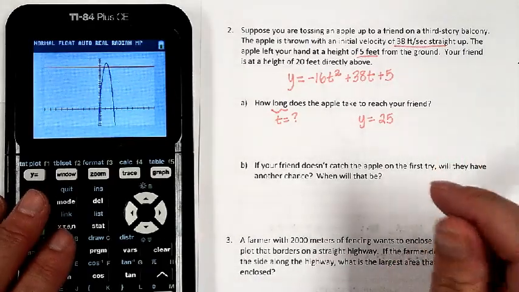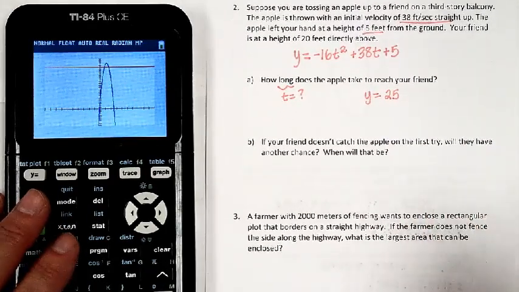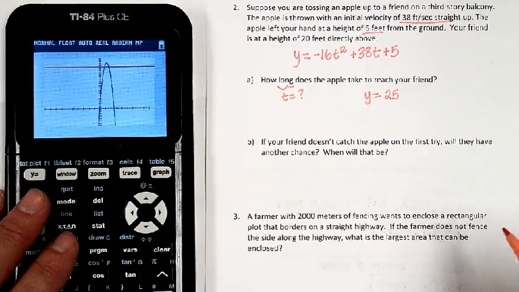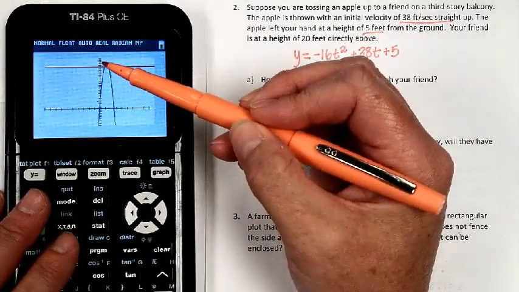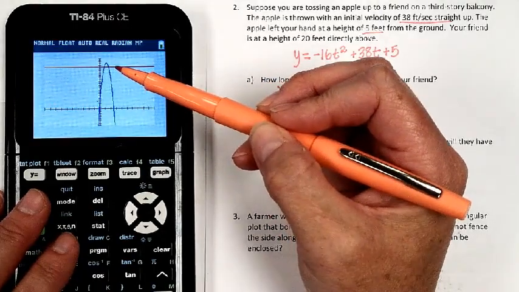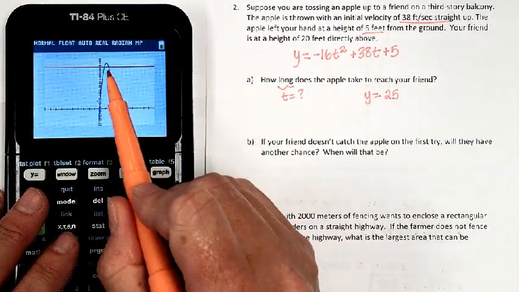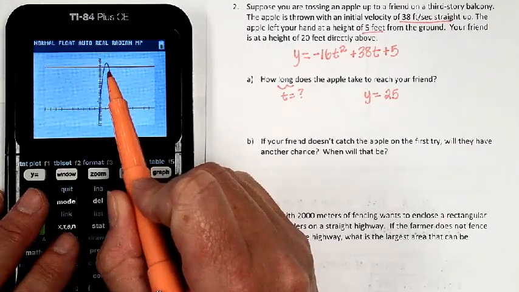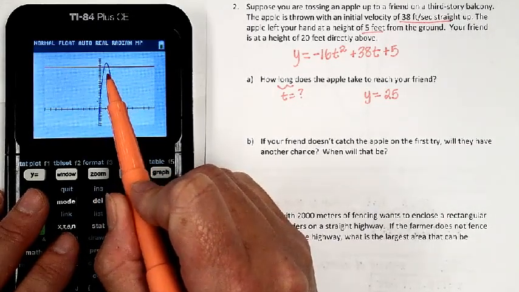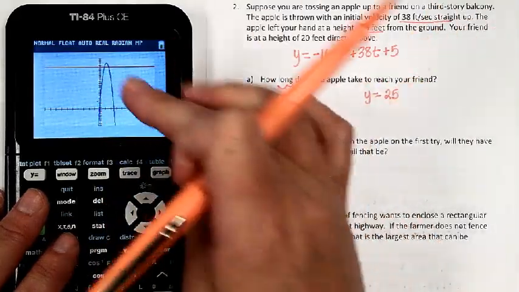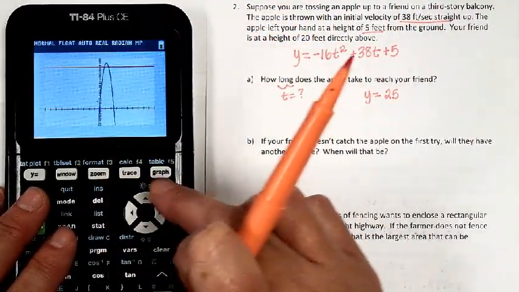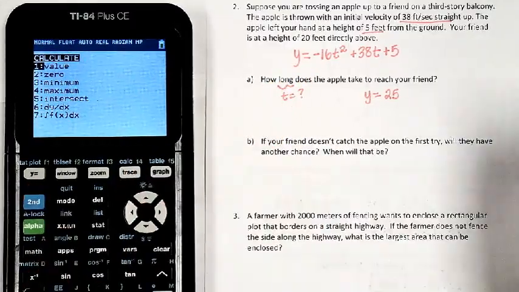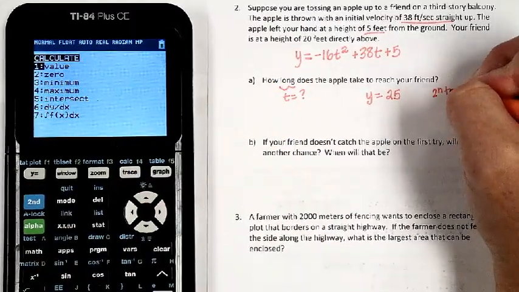All right, so the ball is being thrown up in the air. The graph crosses the Y value of 25 2 times. All right, so if you hit second trace, and then we're going to go down to 5 where it says intersect.